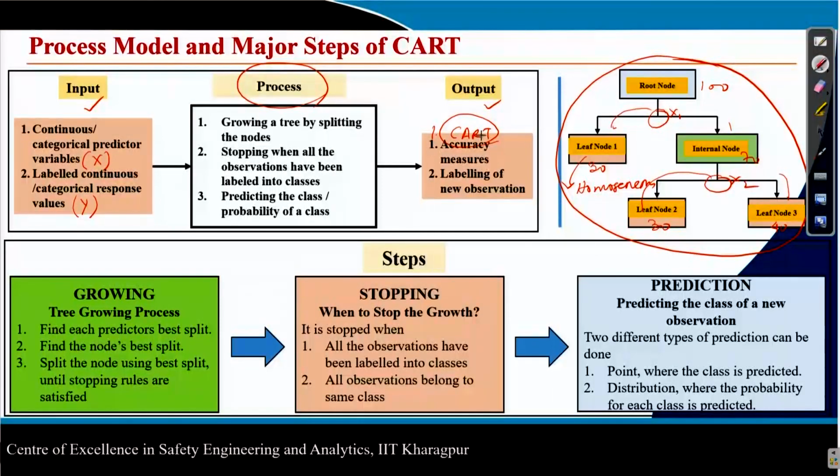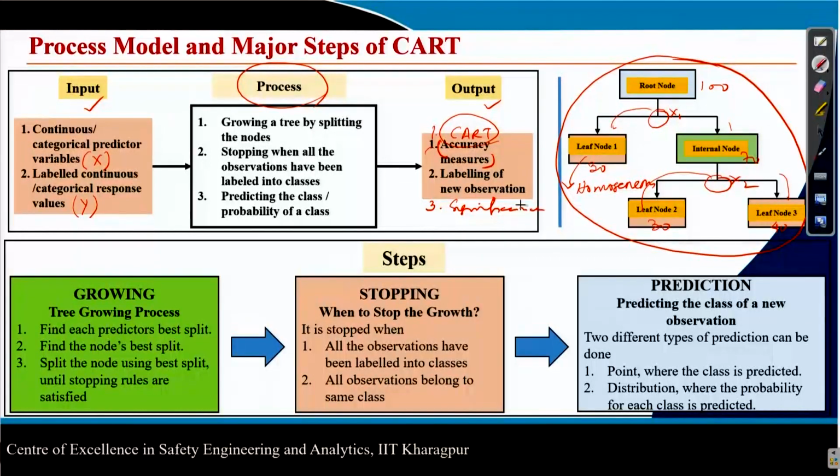So CART output one is the model, and obviously the accuracy will be under the model itself. Two is labeling of new observations. Third one is that you want to know the significance of the predictors.